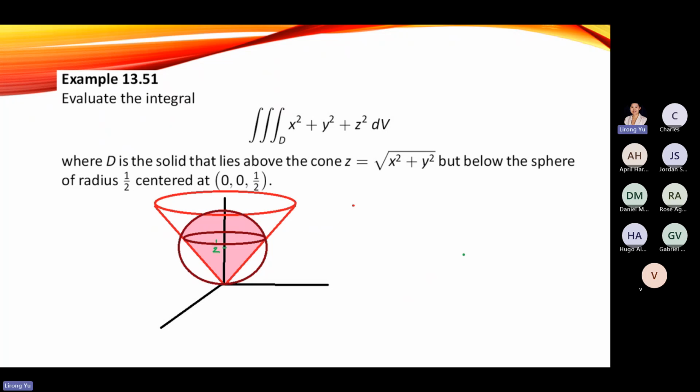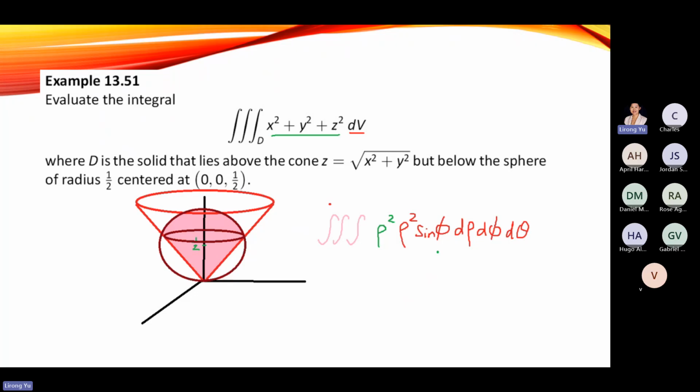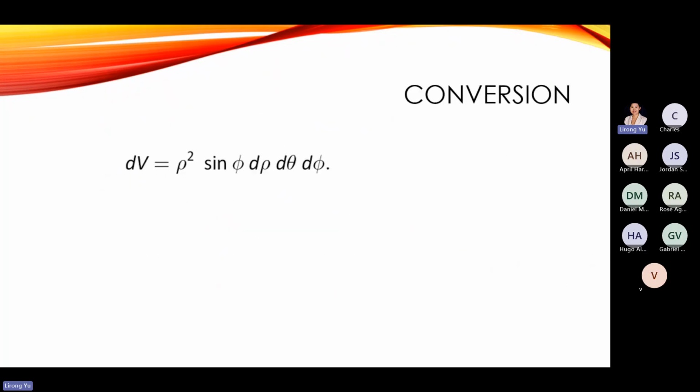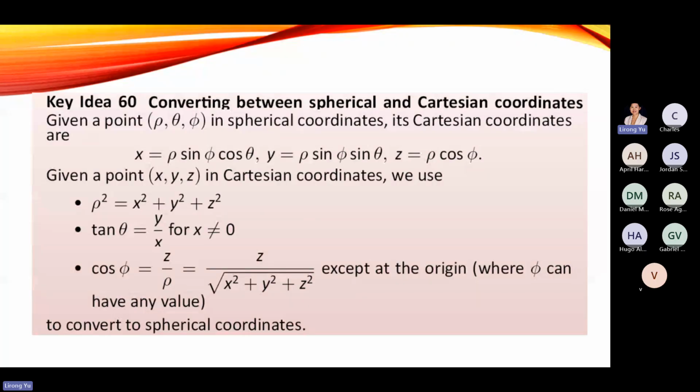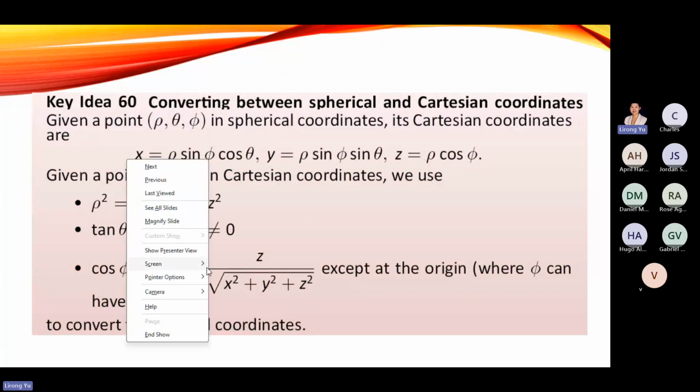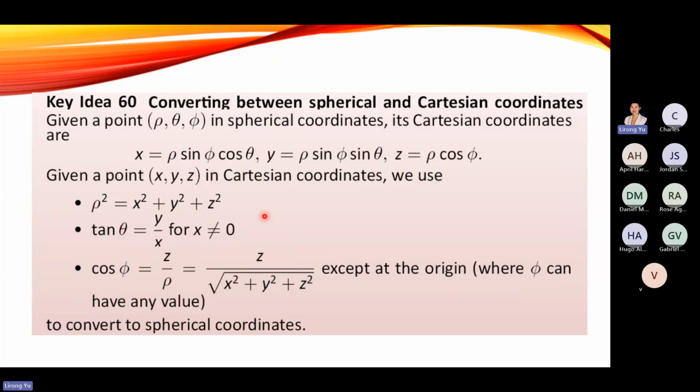Okay, and number one is we are trying to change the integration variable. The x squared plus y squared plus z squared, we mentioned that before. In spherical coordinates, using this formula, rho squared equals x squared plus y squared plus z squared.